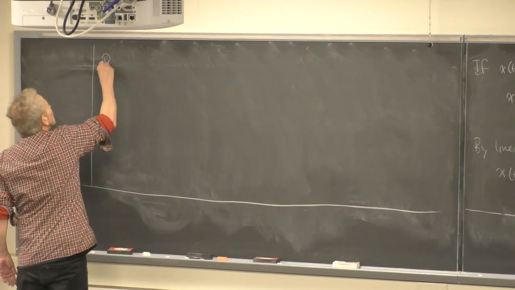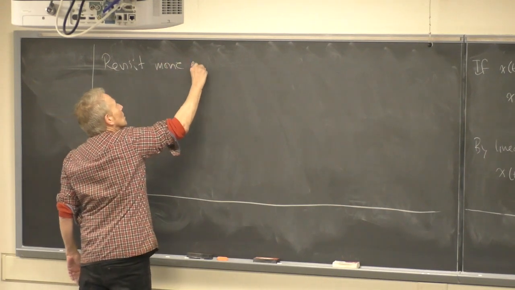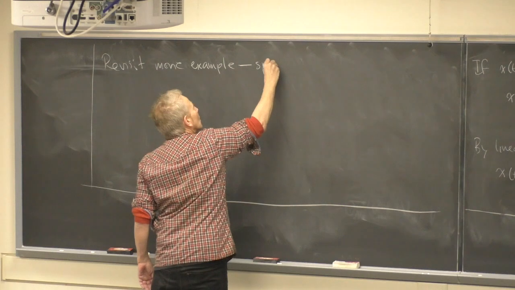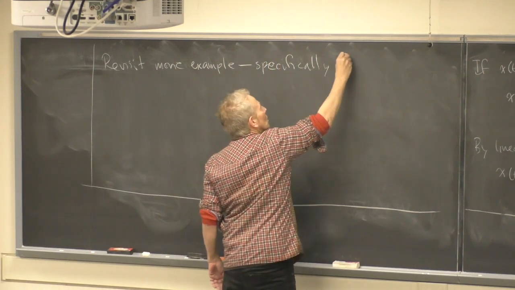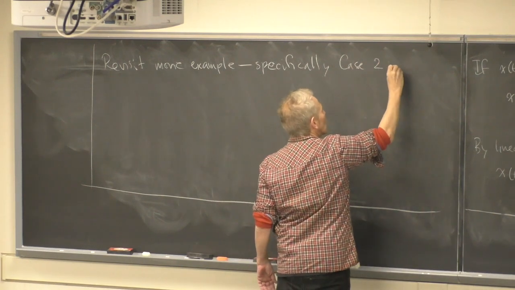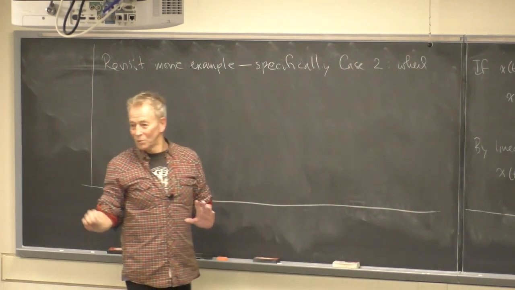All right, so let's revisit the movie example, and specifically that second case, what we called case 2. Now, what was case 2? Case 2 was that the wheel, and I hope you guys were here for the movie example.